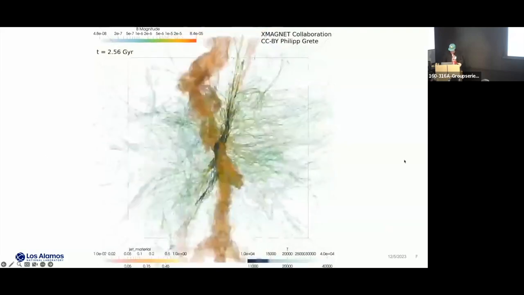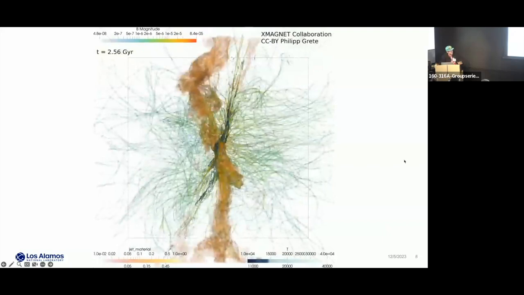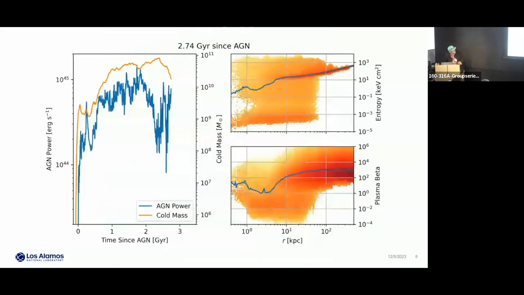Next slide. Okay, so here's a little snapshot where you can see these cold gas filaments, along the blue, where the cold gas is falling inward. Next.